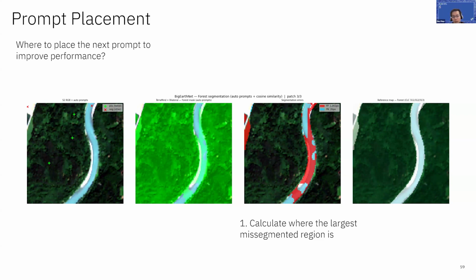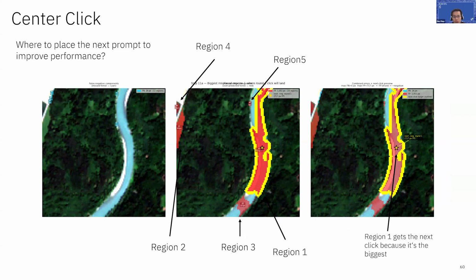One way we could do is to first identify the regions which are missegmented. In total here, we have 5 regions which are misclassified. And then we pick out the biggest region and put one prompt in the center of it. So it's just a very naive way to do it.